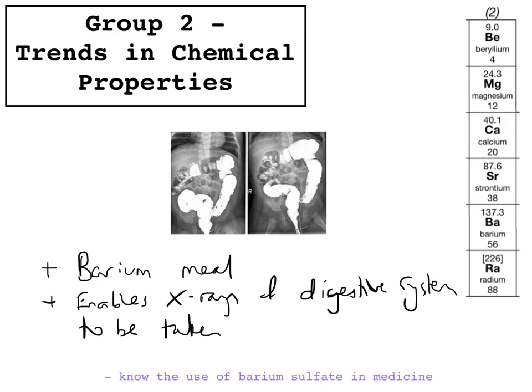And barium is actually very toxic. So if you took barium and it dissolved in your bloodstream, it would poison you. But the reason why a barium meal is safe is because barium sulfate is so insoluble that it won't dissolve in the bloodstream.